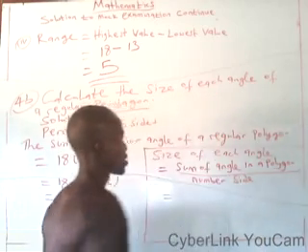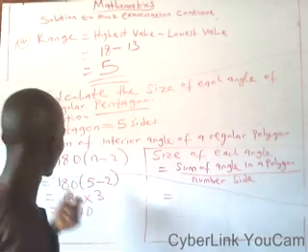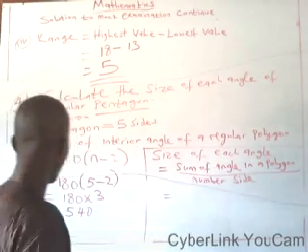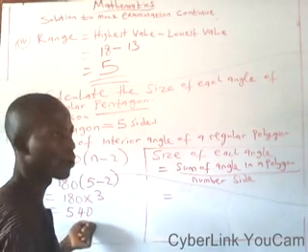The number of sides is 5, while the sum of the angles is 540.